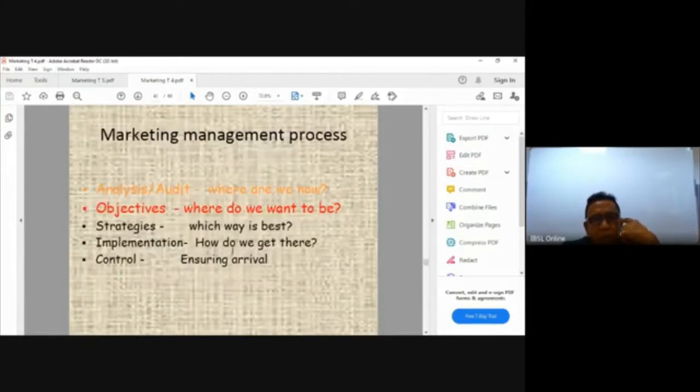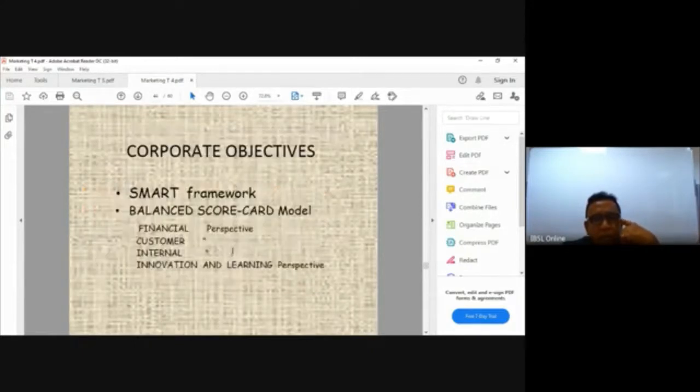And then we came to objectives, setting objectives for organizations. Objectives should all be in a SMART framework. For example, say your branch wants to increase lending. We want to increase our lending portfolio by 25%.